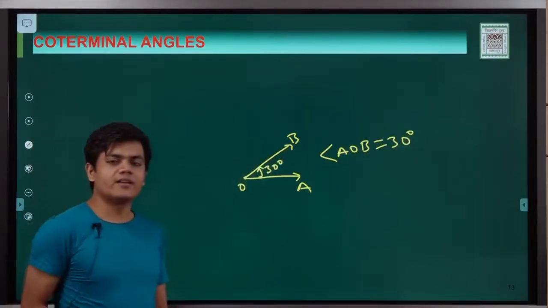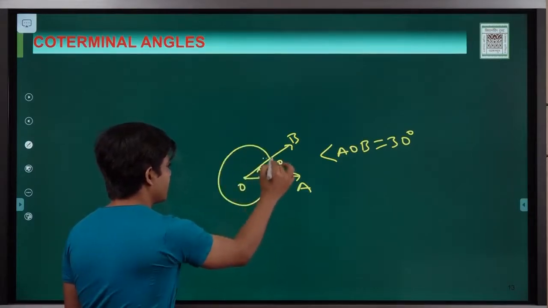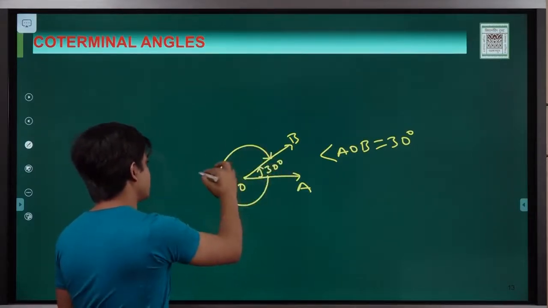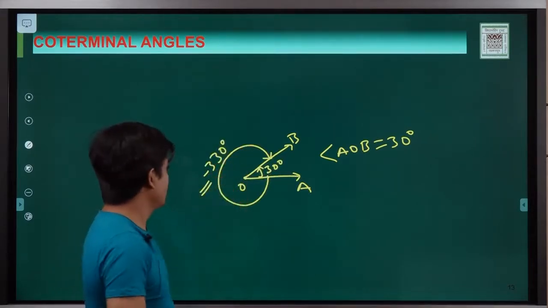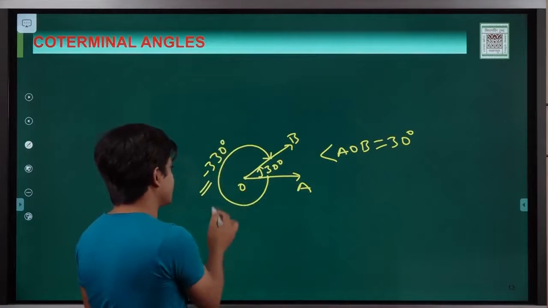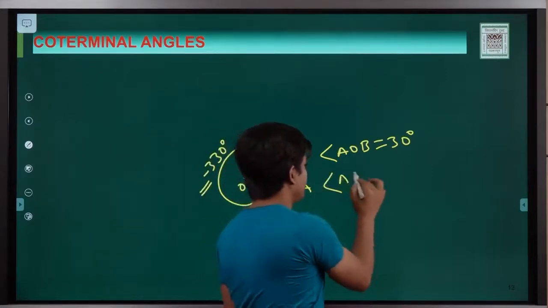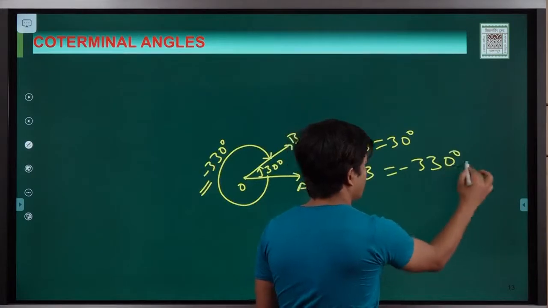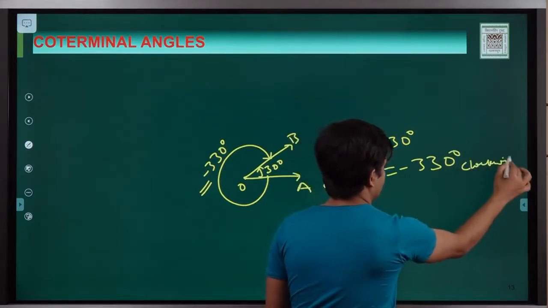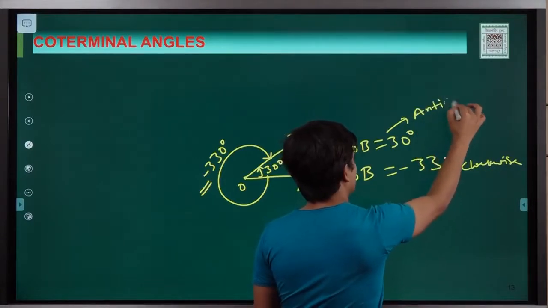But one more angle can be made. In the clockwise sense, this angle is minus 330 degrees. So again we can say angle AOB is minus 330 degrees clockwise, and this is along the anti-clockwise direction.